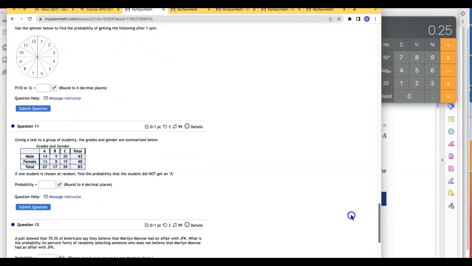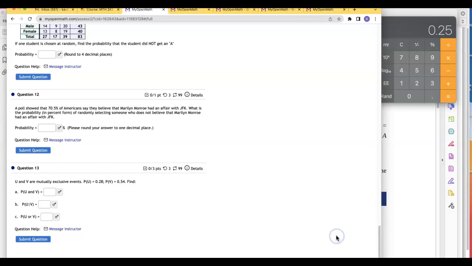Okay, let's look down here. Now we're just trying a few of these. Okay, so this last one talks about being mutually exclusive. So if they're mutually exclusive, that means that the probability of U and V is equal to 0.